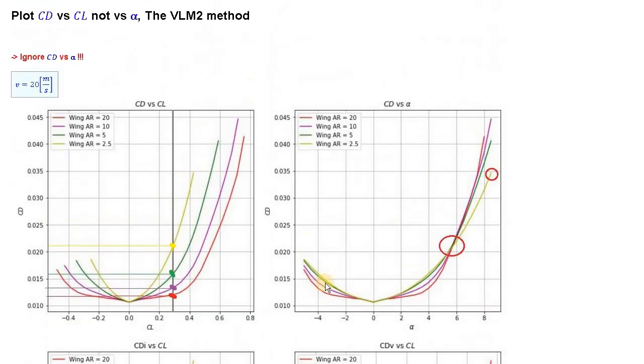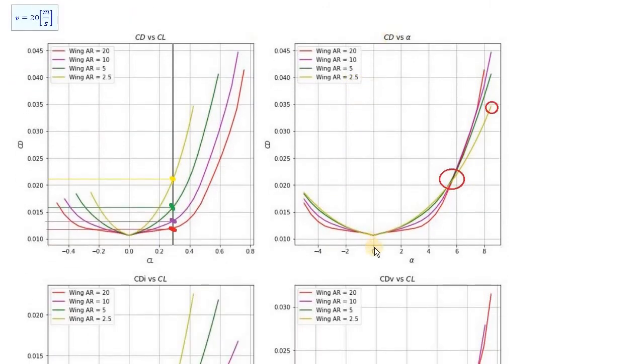And if we plot the drag versus alpha coefficient, then you might find something strange happening. You might see that, for instance, for a small aspect ratio you have a smaller drag than for high aspect ratio wings. And this is correct for the alpha.